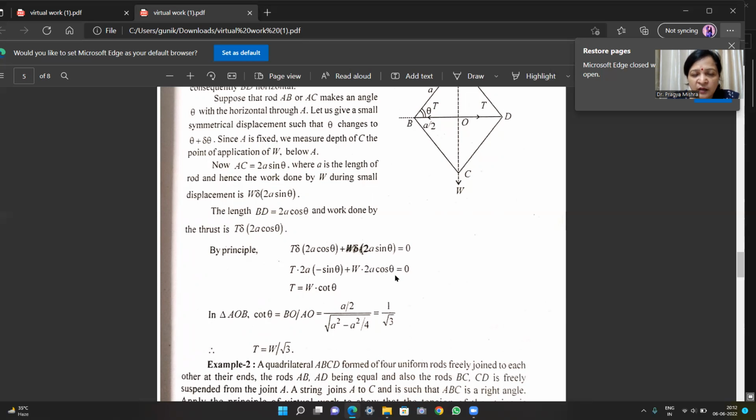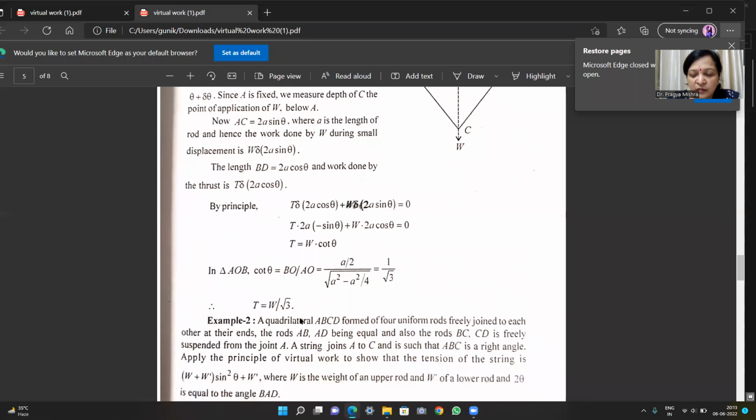Now, since we are giving a small displacement delta theta, delta theta will not be 0. So this is 0. And on simplifying this, we get T equal to W cos theta, cot theta, sorry. Now in triangle AOB, cot theta will be BO upon AO. In this one.